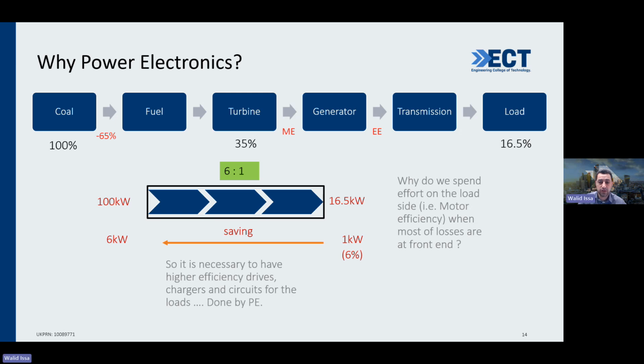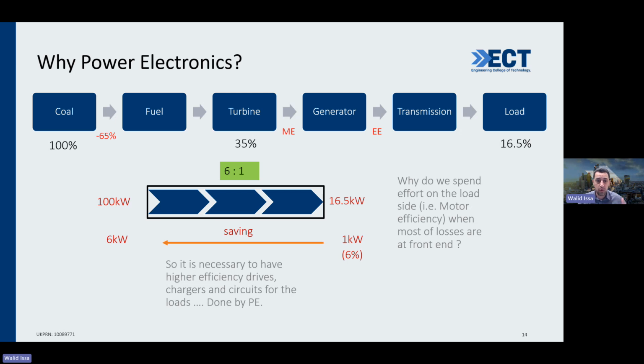Okay. So again, the question is, should we invest in the consumer side or the generation side? If we look at the consumer side, if we made 1 kilowatt saving, for example, instead of using battery chargers that lose 10 kilowatt, we lose 9 kilowatts. So we have made a saving of 1 kilowatt, and that will be reflected back to the generation side as 6 kilowatt.